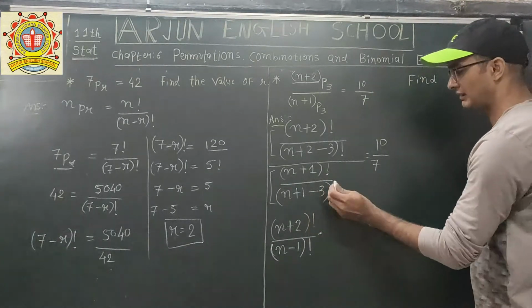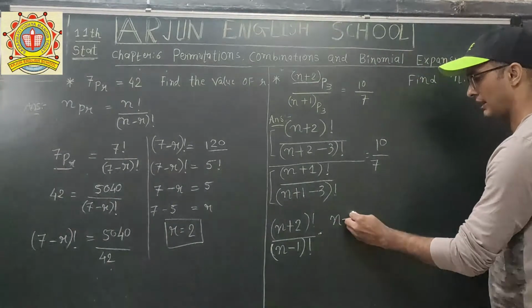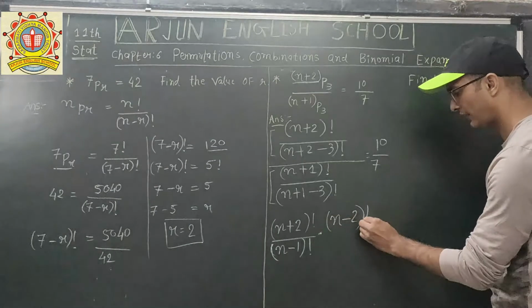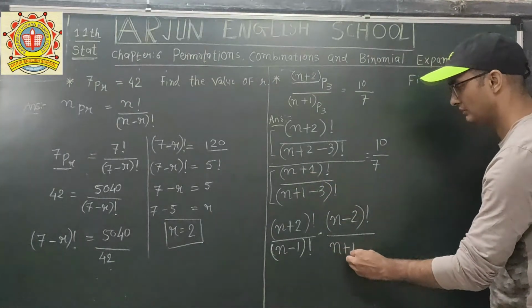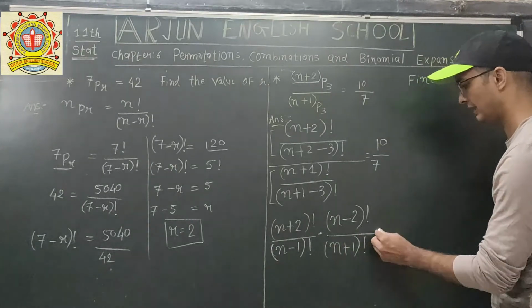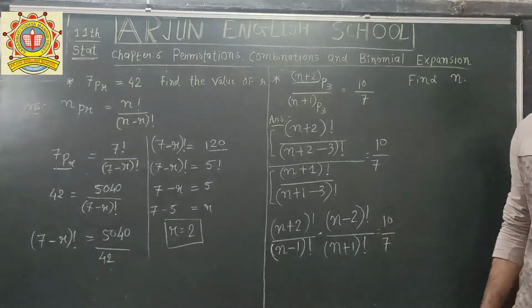N plus 1 minus 3, then it comes to (n minus 2) factorial divided by (n plus 1) factorial. And the answer is again 10 by 7.